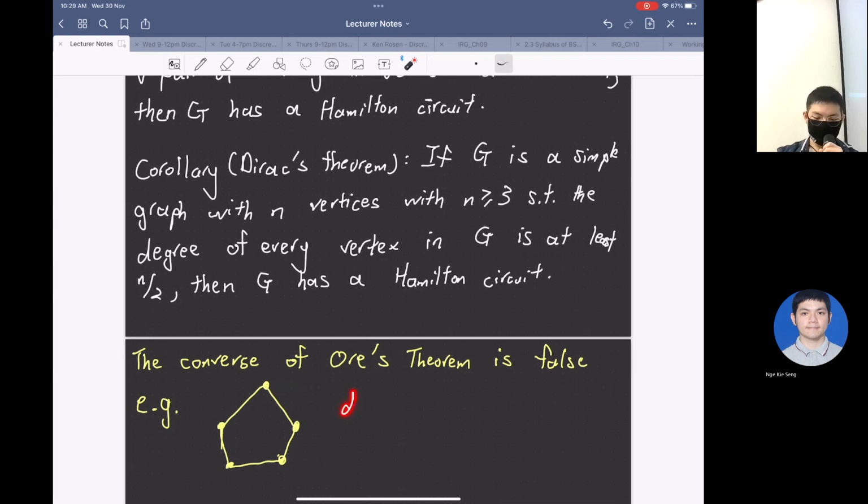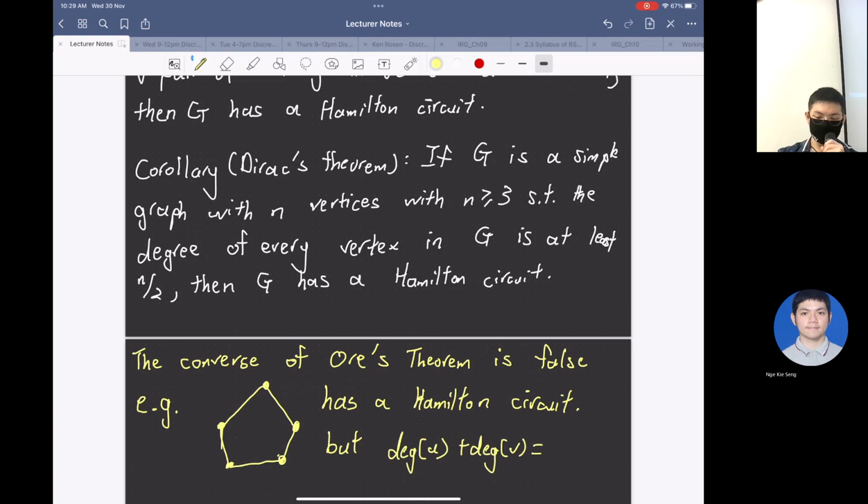So this K5 has a Hamilton circuit. Right, just now we discussed it. You just take the circle. But if you take any two non-adjacent ones and add them together, it is 4. Every degree is 2. So you add them together to get 4, which is less than the number of vertices, which is 5.